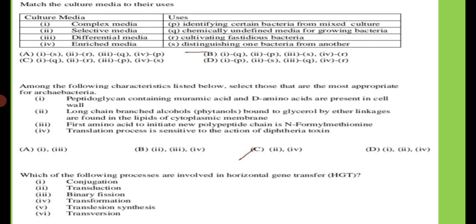As coliforms are lactose fermenting, the color of their colonies is pink, whereas the non-coliforms do not ferment the lactose sugar present in the medium, so the color of their colonies is yellow or colorless. So we can differentiate coliforms and non-coliforms by using such differential media. Then enriched media.